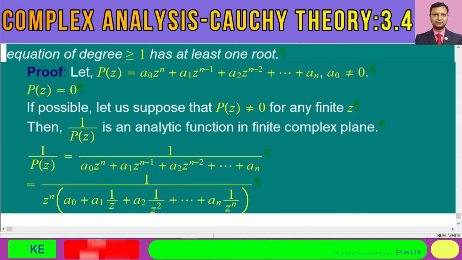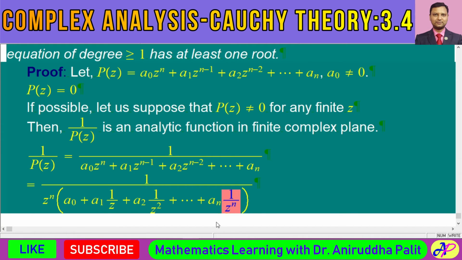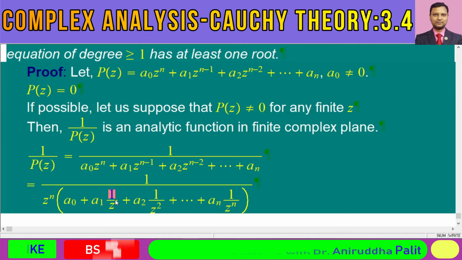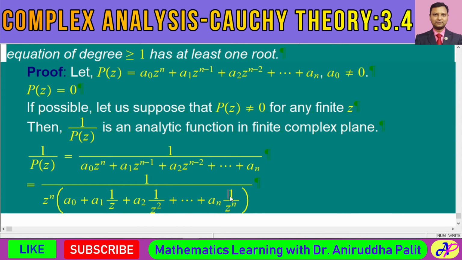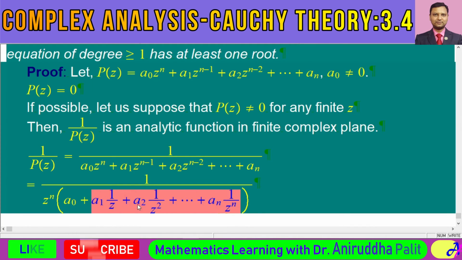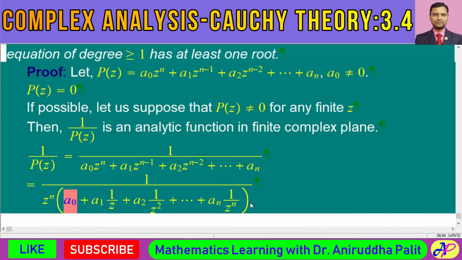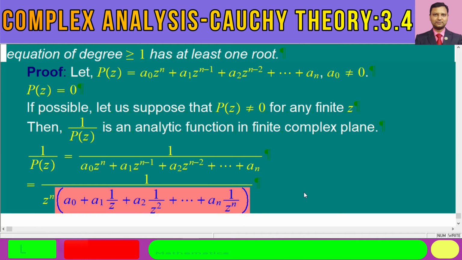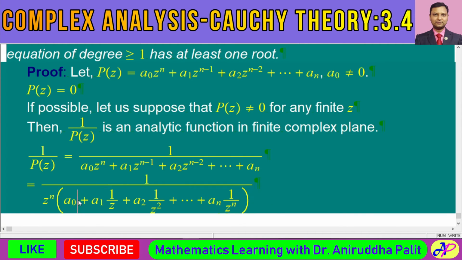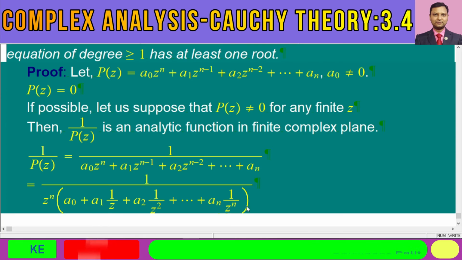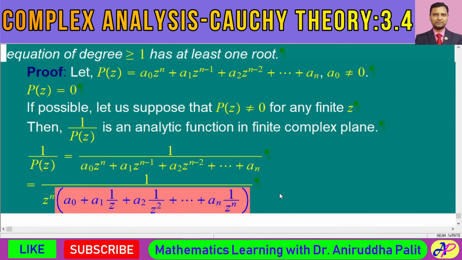Then the expressions 1 by z, 1 by z square, 1 by z to the power of n, all such expressions will go towards 0. Only one non-zero contribution would be there. Its value would be equal to a0, a finite complex number.